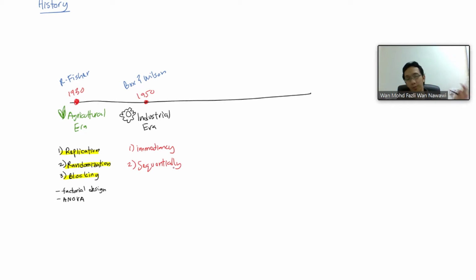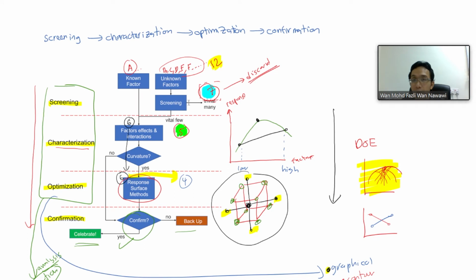They chop their experiment into chunks, start small, and because of the immediacy they get results early on, and then use those results to go a little bit bigger and bigger. That's why when you see the overall flow for DOE, it starts with screening, like one chunk, and then goes to characterization, optimization, and confirmation.